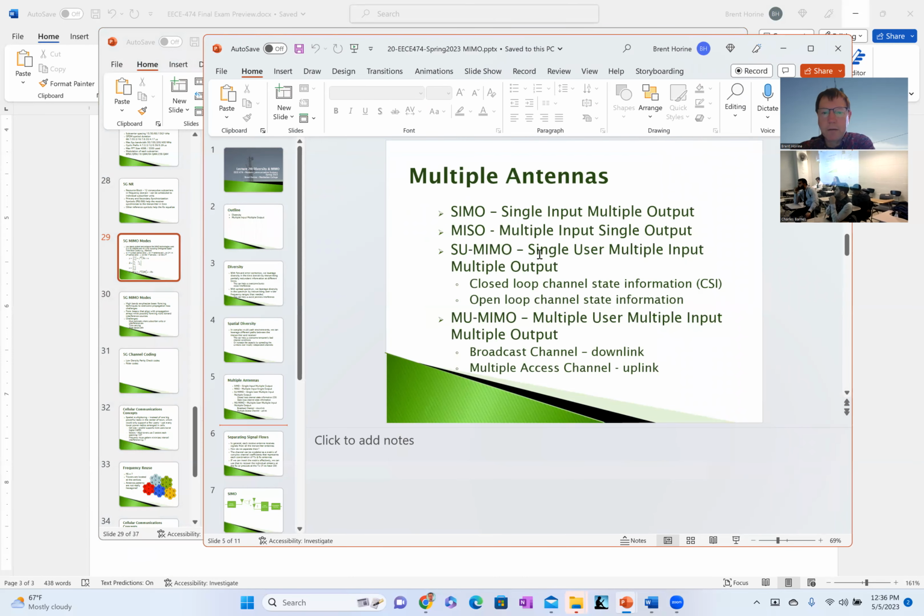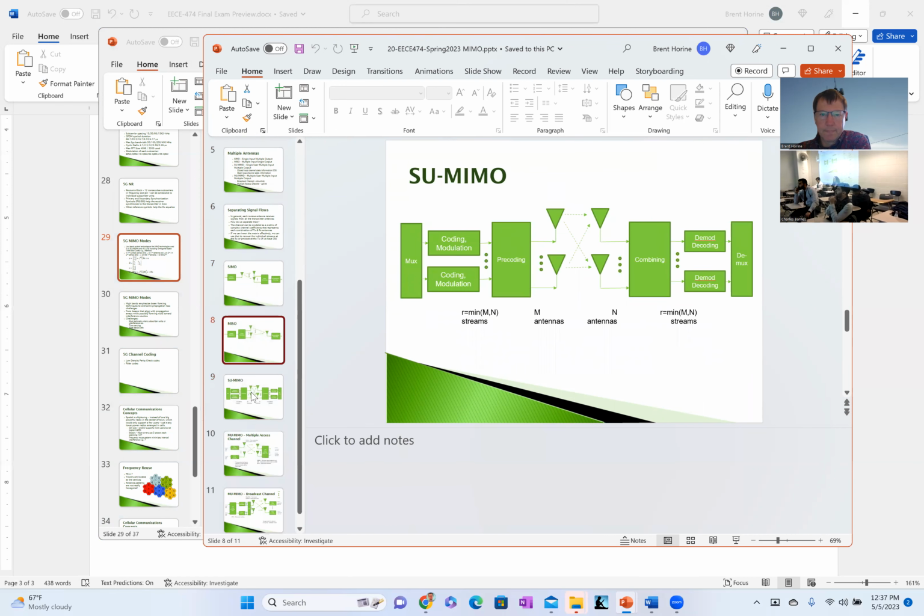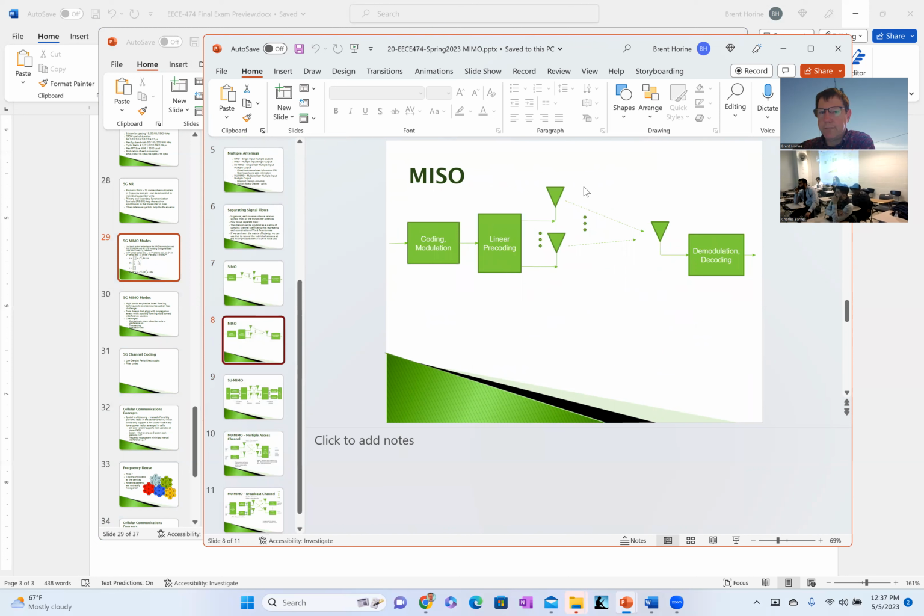If we want to use pre-coding at the transmitter, where we would have two antennas here, then we're pre-coding it so that when these two different signal rays arrive at the receiver, they're already going to combine constructively, right?